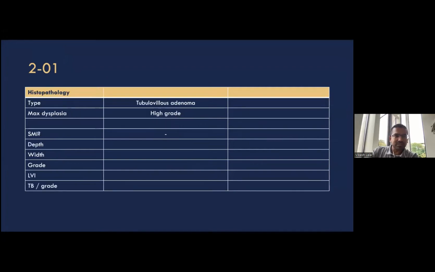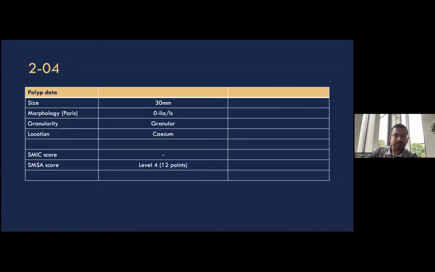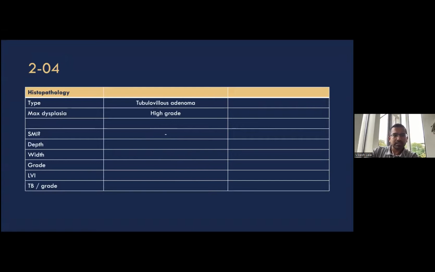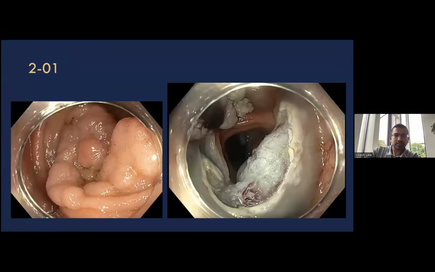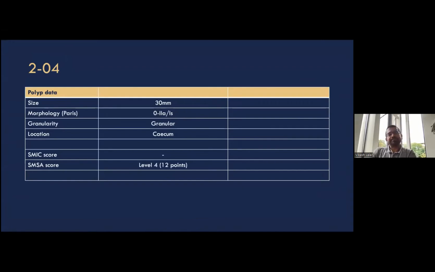Just to get back to the current lesion, and that's the one here. Yeah, it was this one. So this is the 30 millimeter lesion, the one we just did, indeed. So just to say, it's level 4 again.